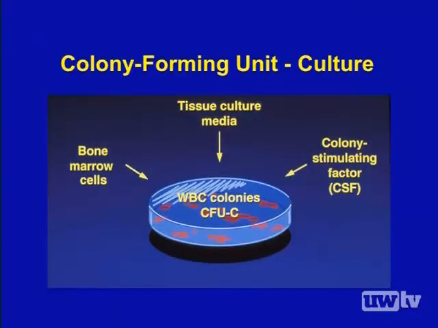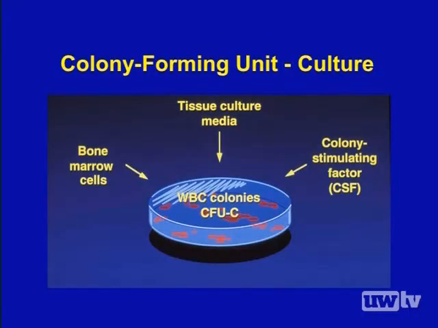But this was an experiment where researchers in both Israel and Australia at about the same time took a simple petri dish like we use in a microbiology laboratory and put into it bone marrow cells and a tissue culture medium and a source of a stimulating factor. The original experiments were done with leukemic cells as the source for this stimulating factor.